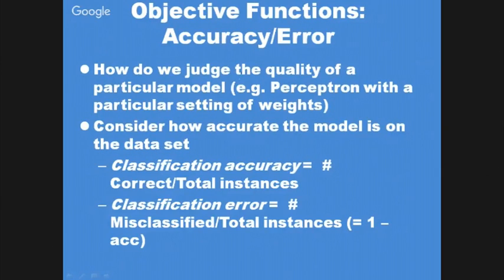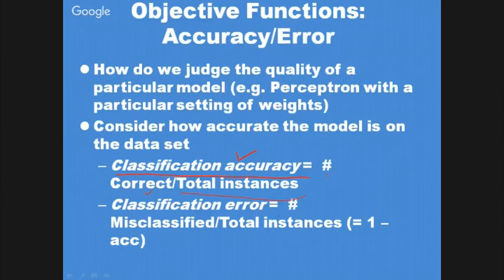First is classification accuracy, meaning how accurate it is for the classification. Classification means, as I told you, 1 or 0, which class it belongs to. I'll give you another example for the cost function also. The formula is correct instances divided by the total instances. This is the classification accuracy.